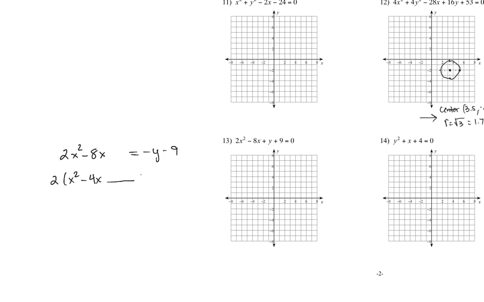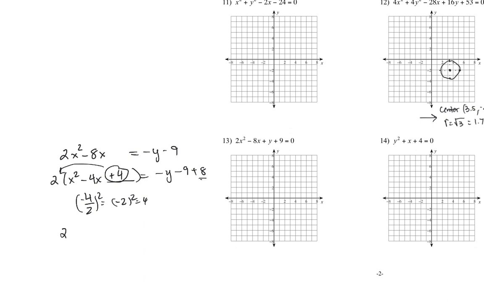Leave myself some space. And then we're going to have negative y minus 9. Just leave that alone for now. We're going to complete the square, right? Negative 4 over 2 squared is going to be negative 2 squared, or positive 4. Plus 4 here, but we're going to be adding 8 on this side. Remember, 4 times the 2.